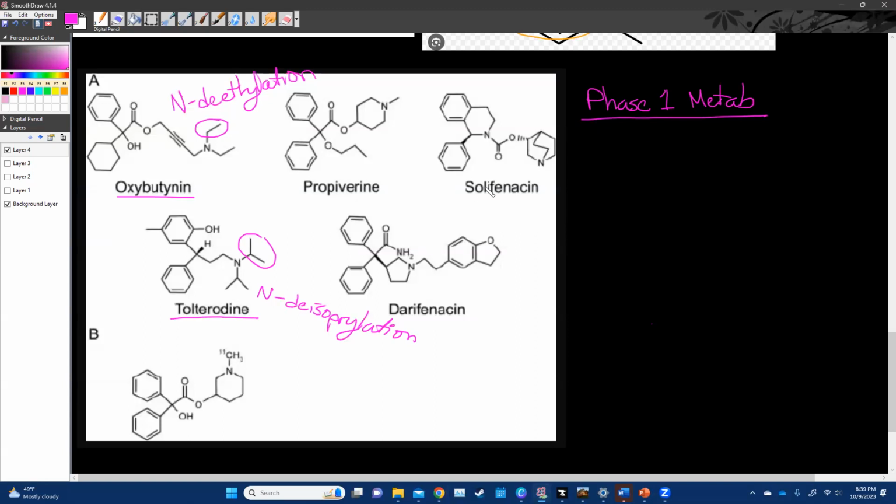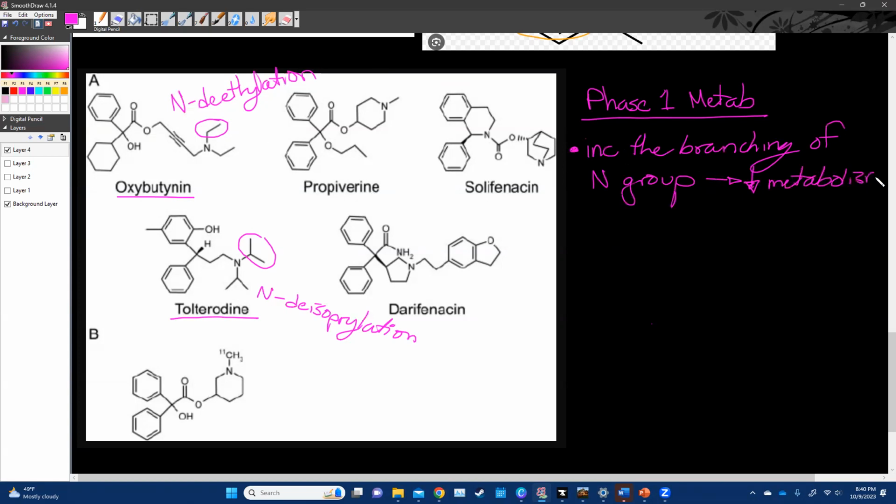So what's important to understand about tolterodine is that by increasing the branching of the N group, we're going to decrease metabolism, right?